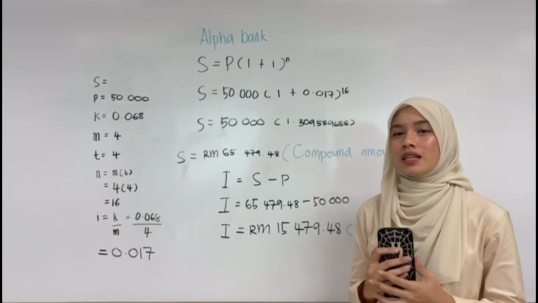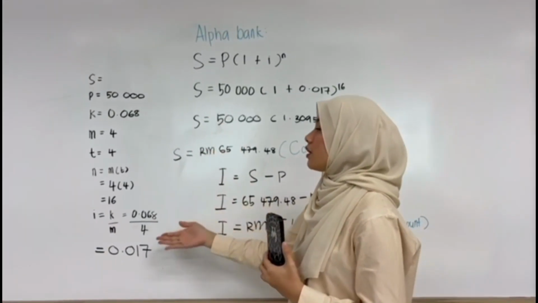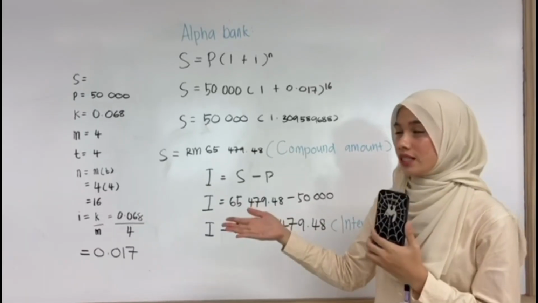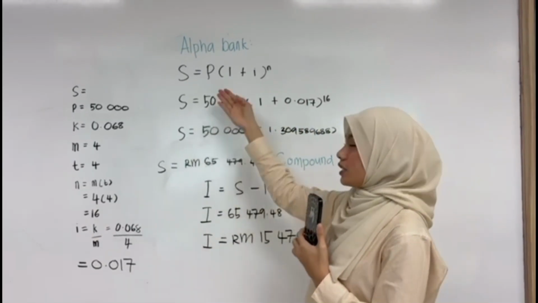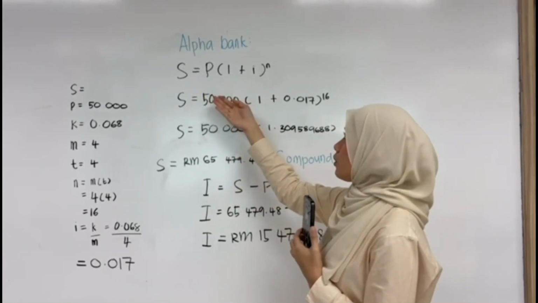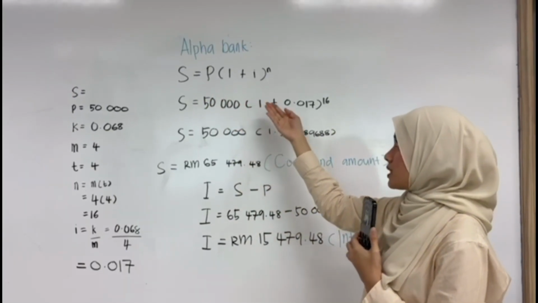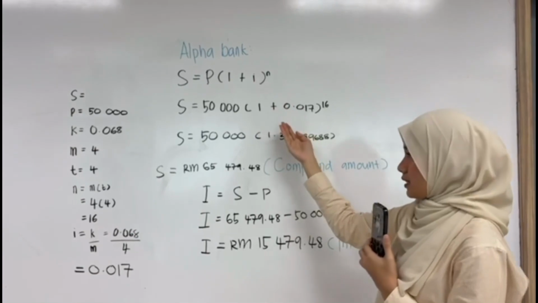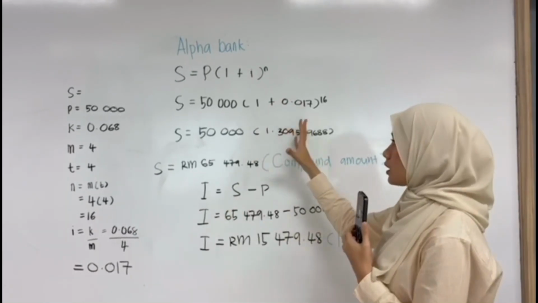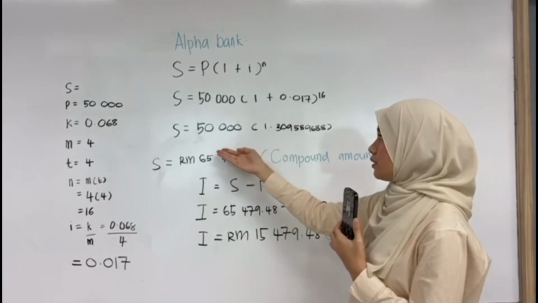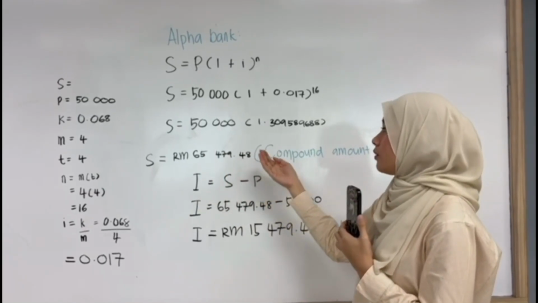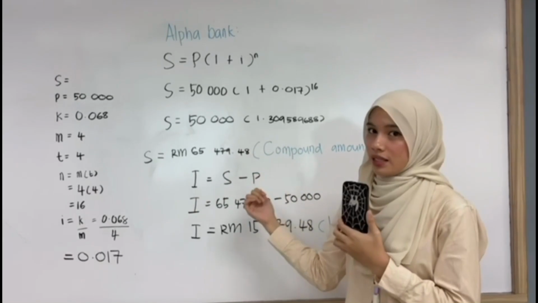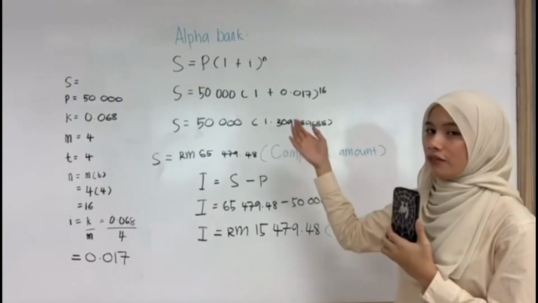So, first, we must list down all the information from the question, and to find the Alpha Bank compound amount, we will use this formula, which is S equals P bracket 1 plus i to the power n. And after we do all the calculation, we will get this answer, which is 65,479.48 ringgit for the compound amount of Alpha Bank.